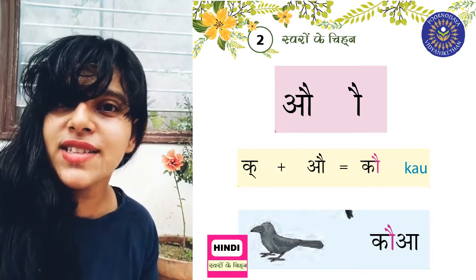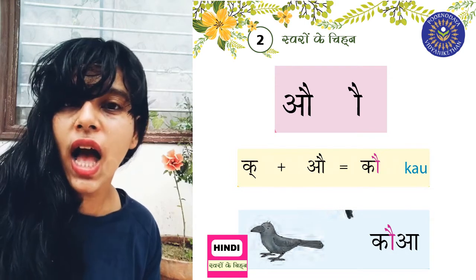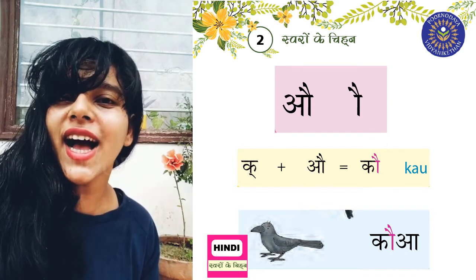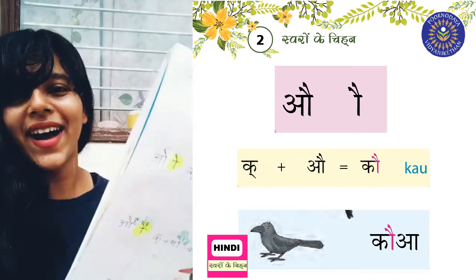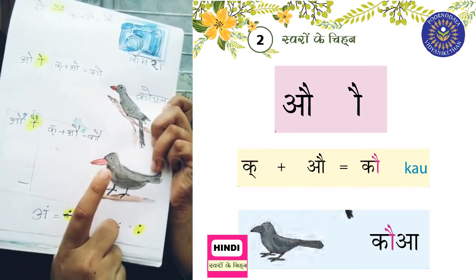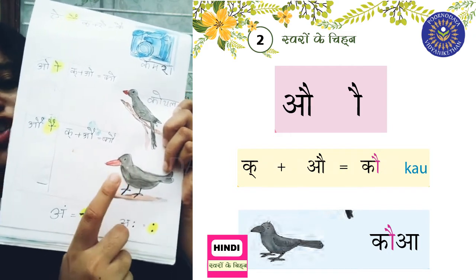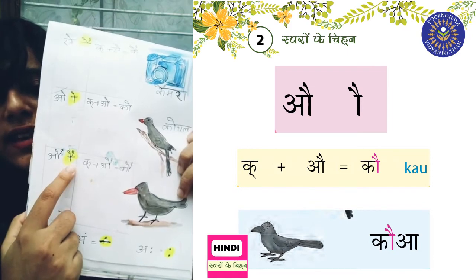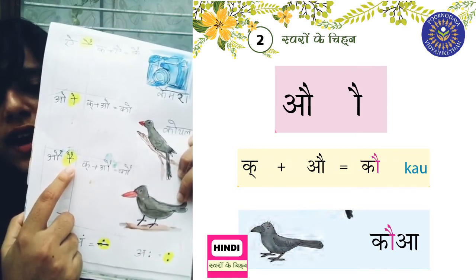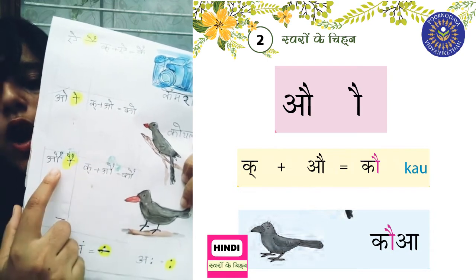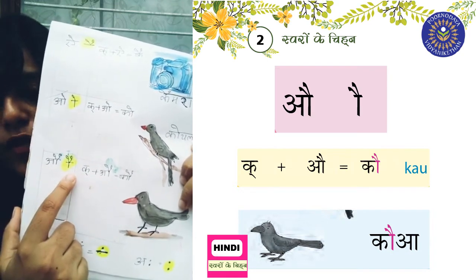How does kawa sound? Ka, ka, ka. It's crow in English. Ow is written like this in form of matra.